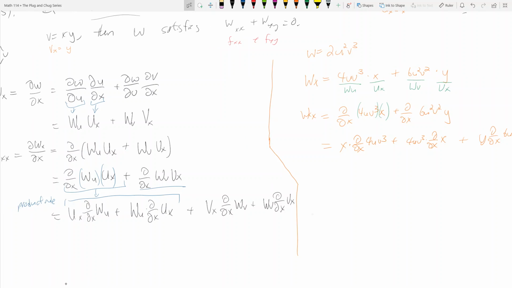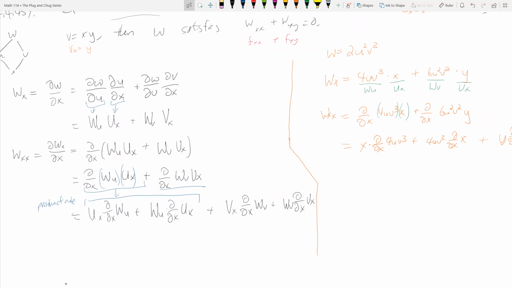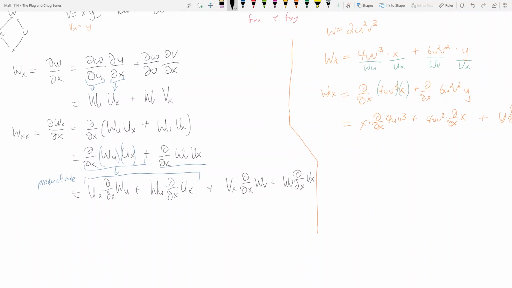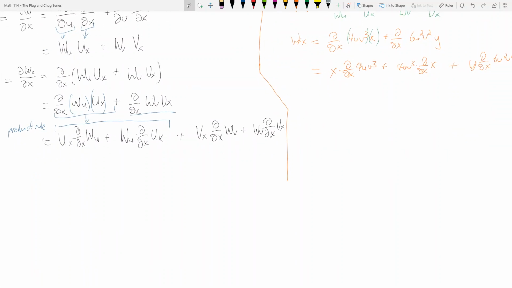And what do I get? Okay, so let's take a look now. This part's really easy. This term and this term are really easy. Why is that? Well, what's the partial d dx of u sub x? This part just becomes w sub u times u sub xx, right?